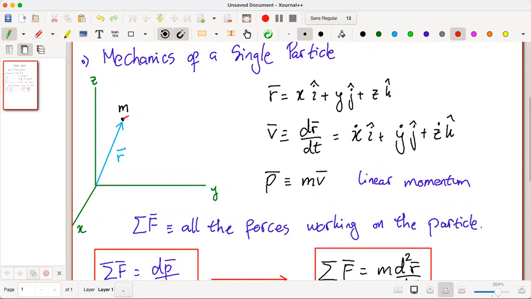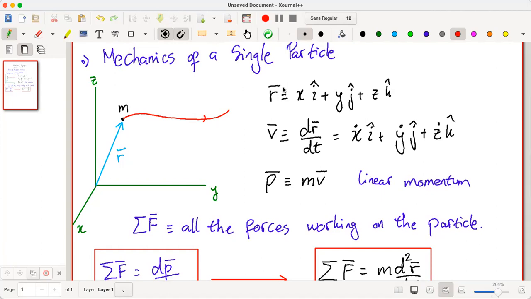The position vector records the information that you need, and it is a function of time.